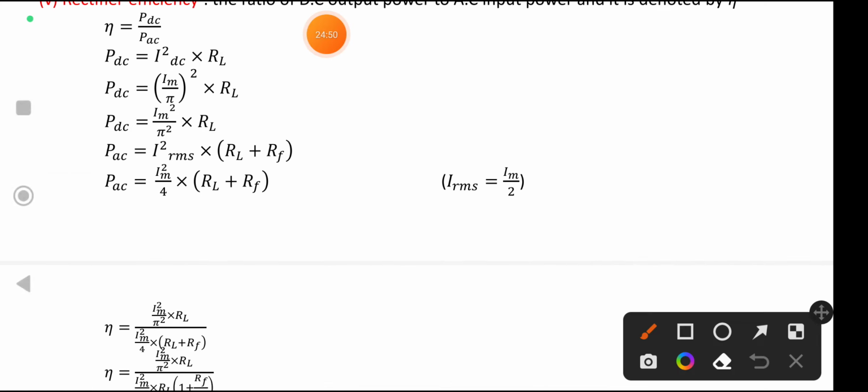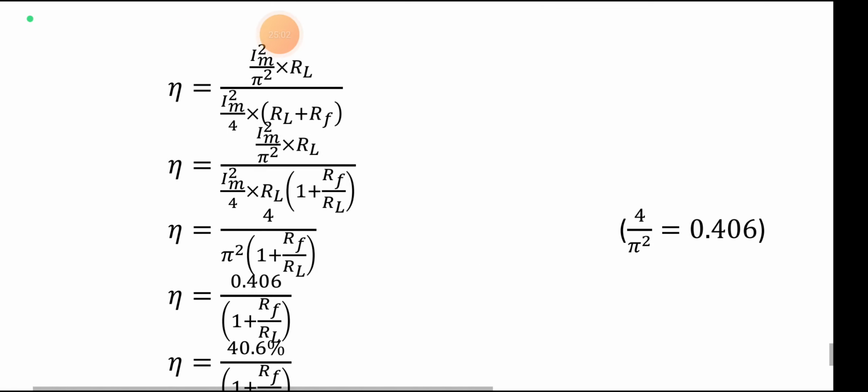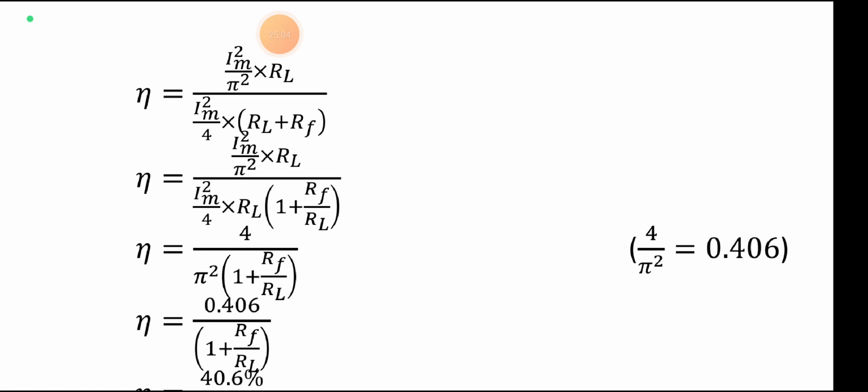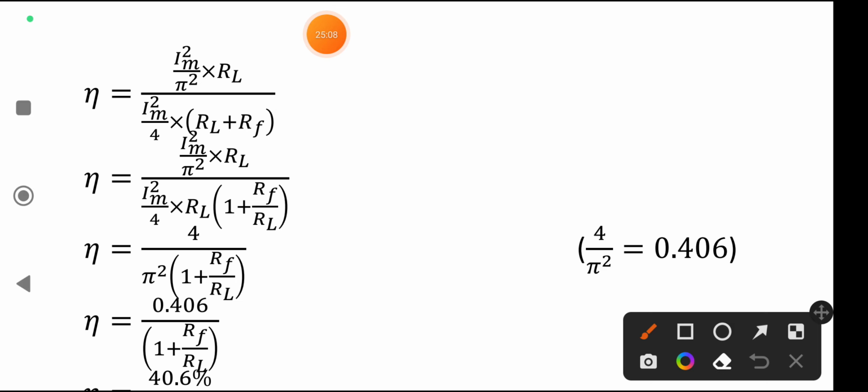Now substitute these two values, AC value and DC value, in this equation. Then what you get? It becomes like this, right? So when you substitute DC power by AC power, the DC power expression and the AC power expression are this, and from this Im square generally gets cancelled. So before that, take RL outside.